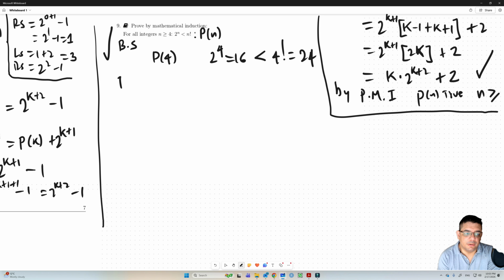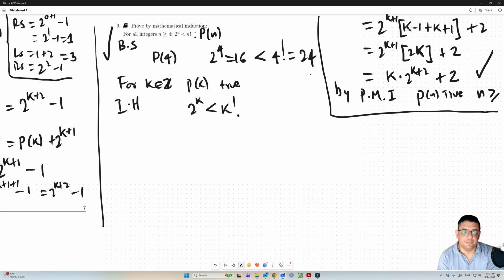Now, for k that belongs to the integers, P of k is true. And so this is the induction hypothesis. We have that 2 to the k is less than k factorial, right? This is for k bigger than 4, of course.